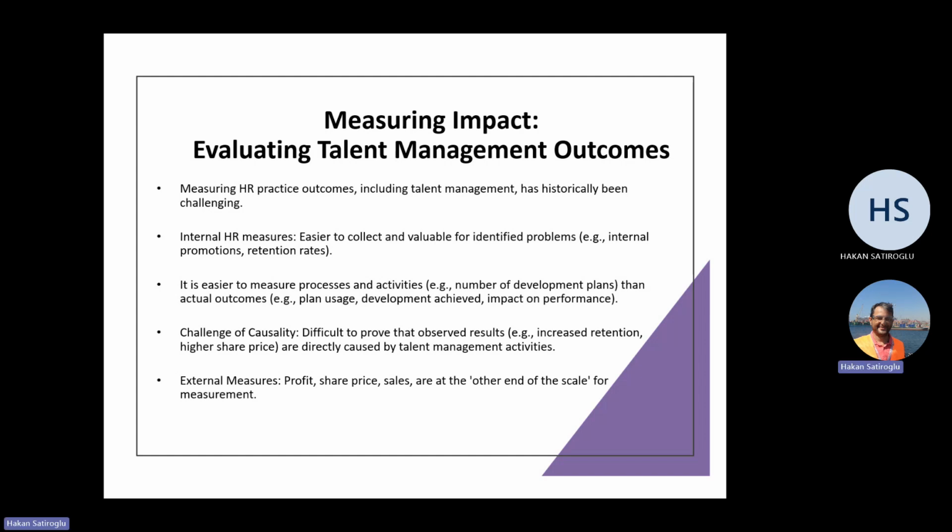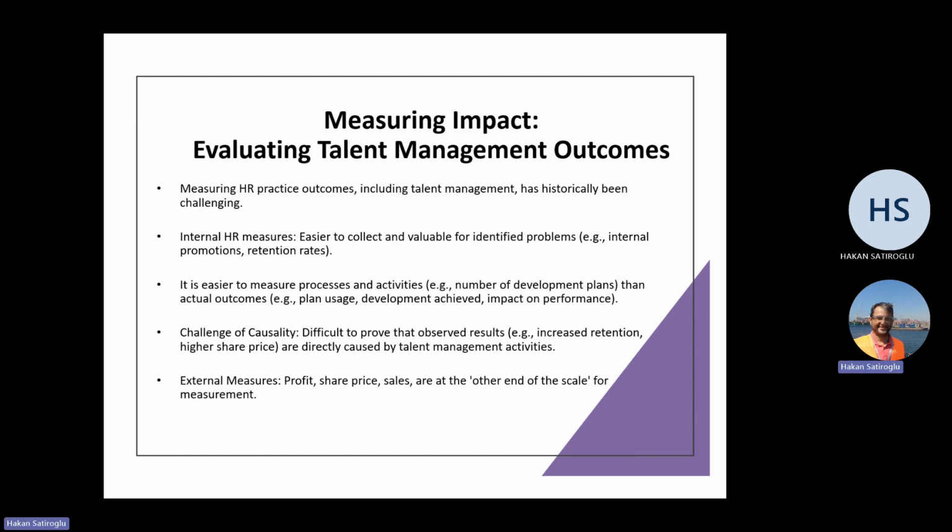So in order to design robust evaluation frameworks, you may need to move beyond merely tracking activity to showing talent management's tangible contribution to organizational success.